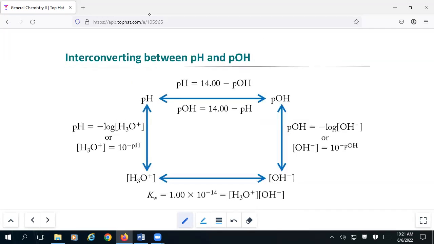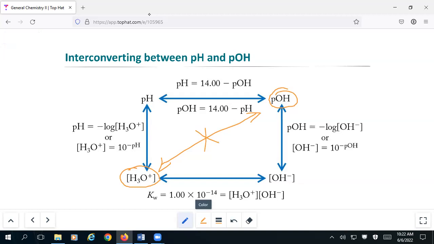Speaking of the rectangle of familiarity, here it is. So these four values, pH, pOH, hydronium, hydroxide, they're all interconnected with each other. And so if I wanted to do a calculation that turned hydronium concentration into pOH, you can see there's no direct line between the two.